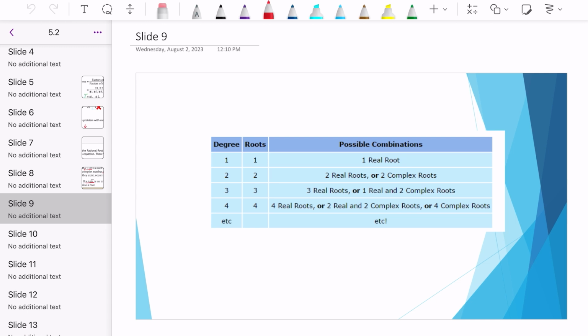So from our degree of 2 all the way up to 4, notice it could either be a pair of complex. For 3, it's a pair of complex plus a real, or 2 pairs of complex roots, or you could also have 2 real roots, or a mixture between 2 real roots and 2 complex roots.